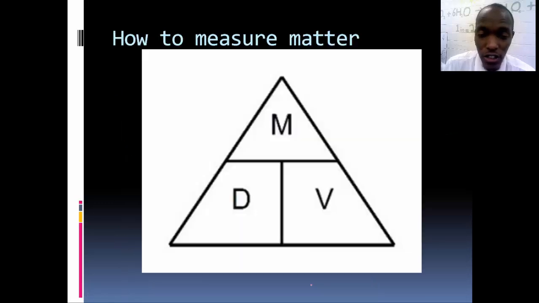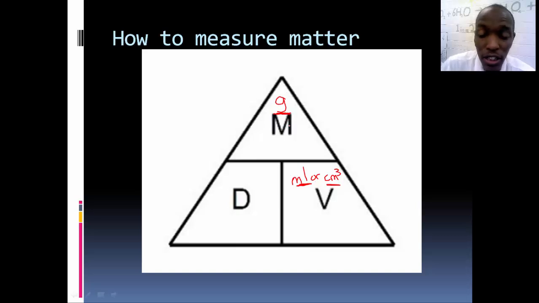So let's take a look at our triangle. So we just learned that mass is measured in grams, volume is measured in milliliters or cubic centimeters. So with your triangle, as you filled out your triangle with your M, your D, and your V, now above each one you're going to write the unit of measurement. Volume can be either milliliter or cubic centimeters.